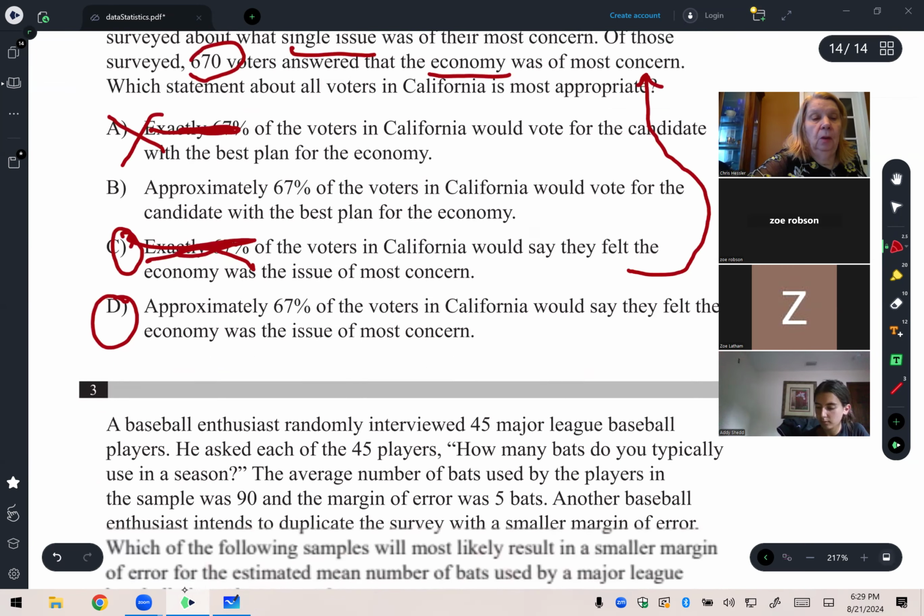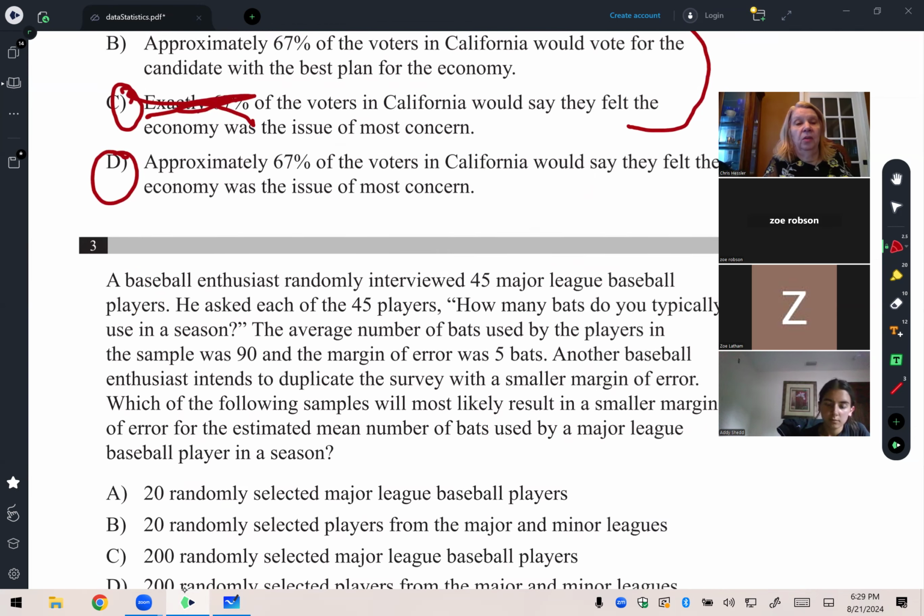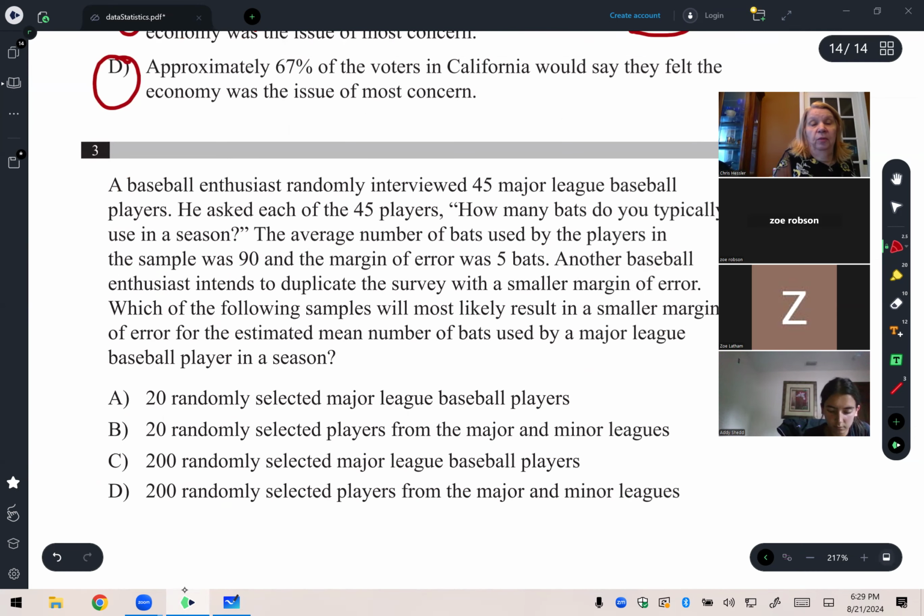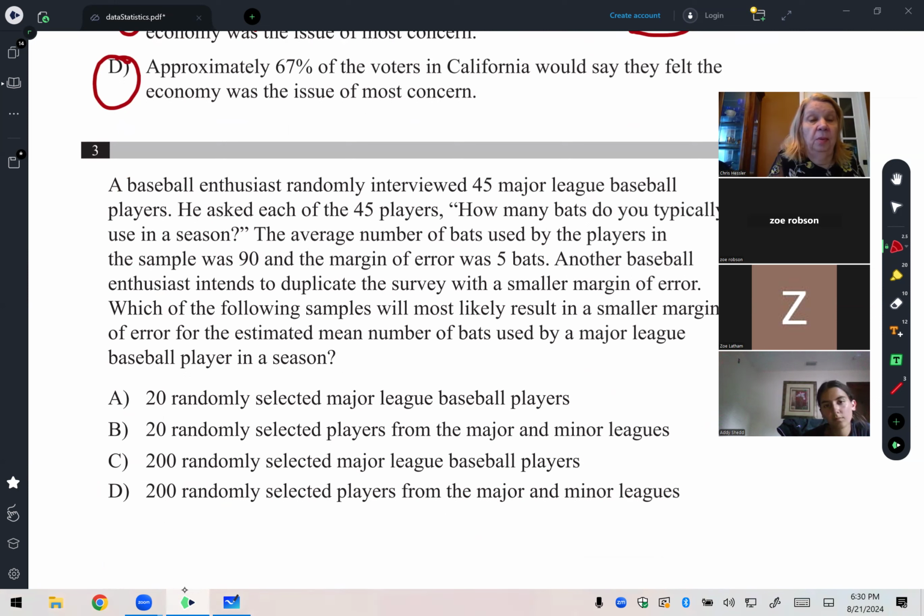A baseball enthusiast randomly interviewed 45 Major League Baseball players. He asked each of the 45 players, how many bats do you destroy in a season? The average number was 90 and the margin of error was 5 bats. Another baseball enthusiast intends to duplicate the survey with a smaller margin of error.